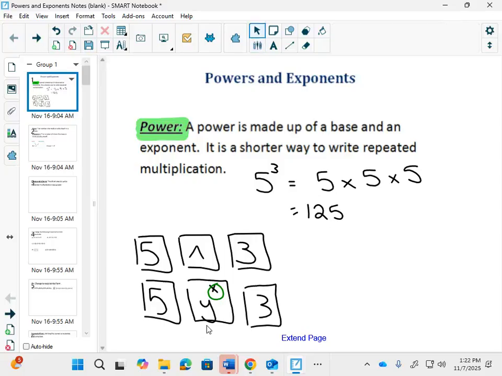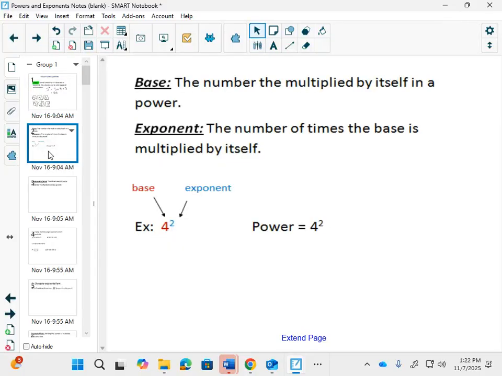So the power is the whole thing. The base is the number that gets multiplied by itself. In our example, that base was a 5. And the exponent is the little number, and that's the number of times the base is multiplied by itself. So if I have the power 4 squared, that's a base of 4 and an exponent of 2.